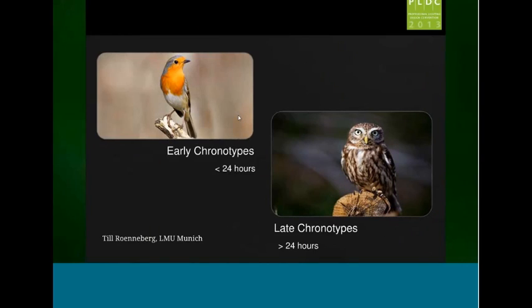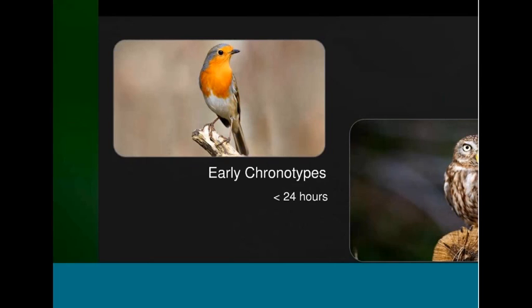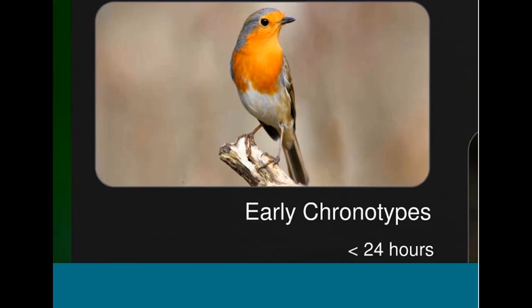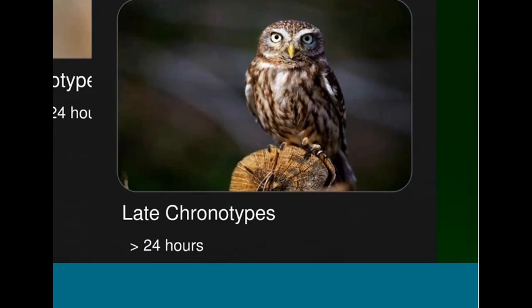Now, the point is that everybody is different. And Till Roenneberg at the University of Munich very nicely summed this up by characterizing people into two types. One, early chronotypes, people who wake up early, and he's called them larks. And the second type, as you might expect, are owls, people who stay up late.